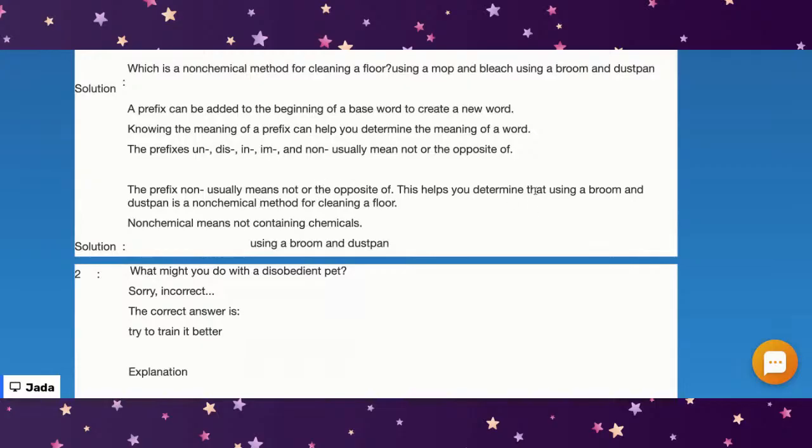This helps you determine that using a broom and dustpan is a non-chemical method for cleaning a floor. Non-chemical means not containing chemicals. Since non means not or opposite of, the non-chemical method for cleaning would be using a broom and a dustpan.